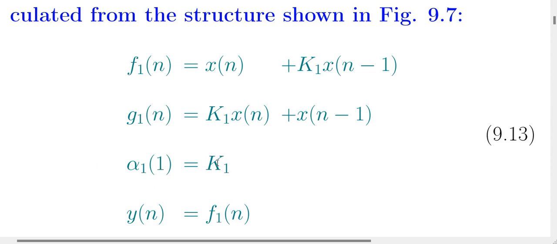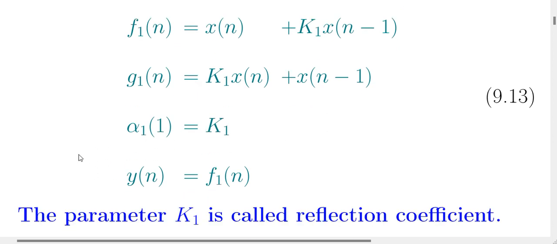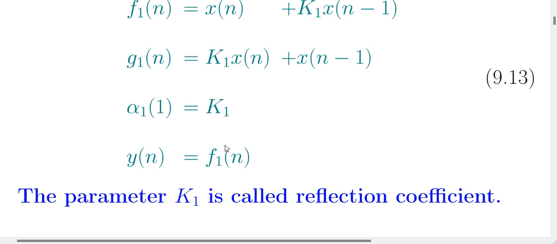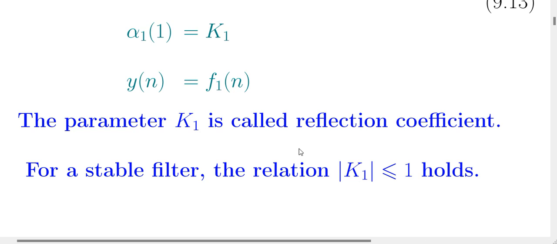Alpha 1 of 1 will be equal to k1, and y of n will be equal to f1 of n. The parameter k1 is called the reflection coefficient. For a stable filter, the relation abs of k1 is less than or equal to 1 holds.